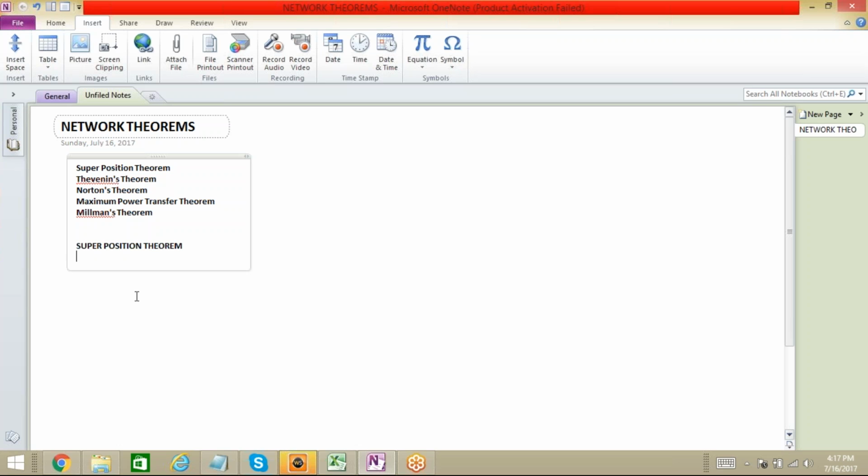By this theorem, on one hand, one can analyze networks that have two or more sources that are not in series or parallel.